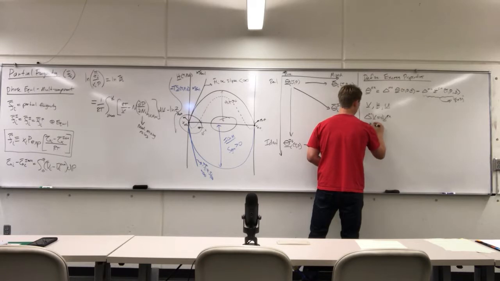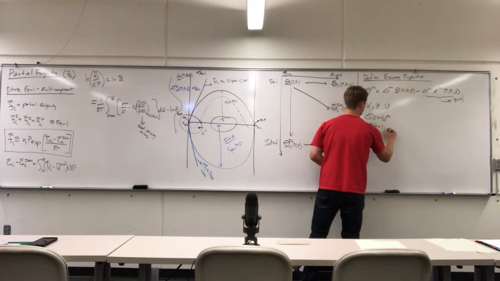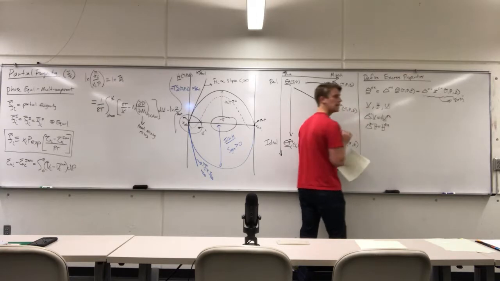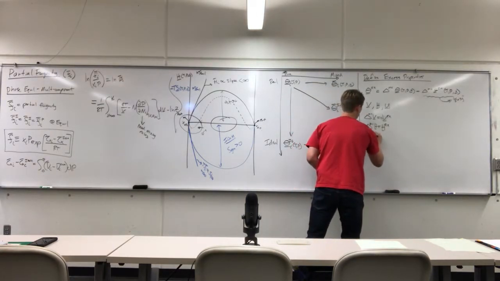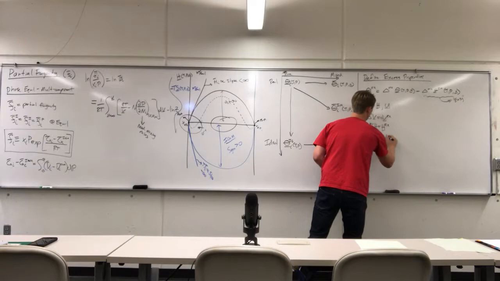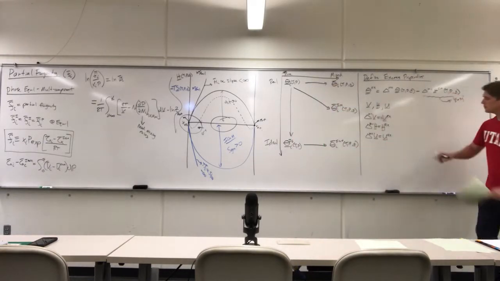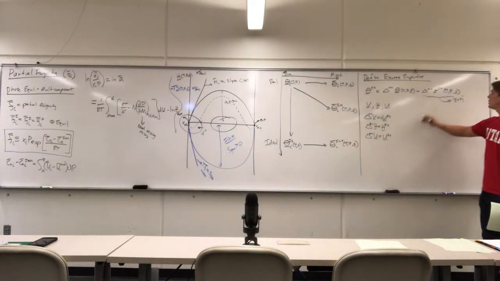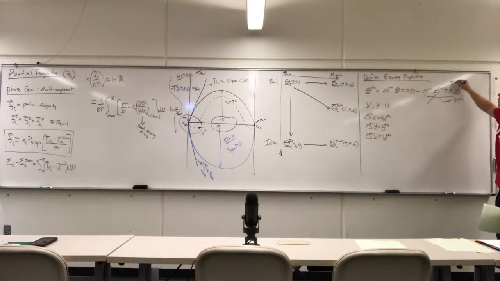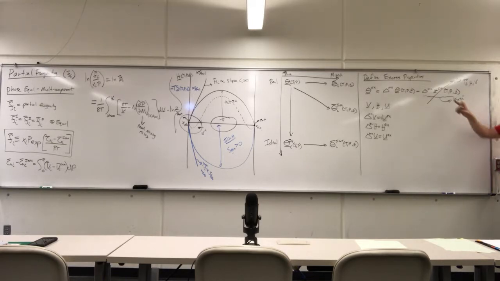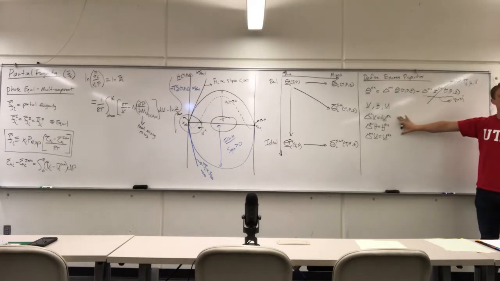The delta H of mixing is equal to the excess enthalpy. And the delta U of mixing is equal to the excess property, because we have no volume change, there's no energy change, there's no enthalpy change for an ideal mixture. So for these three properties, nothing changes.